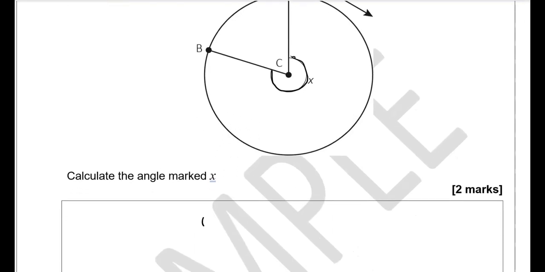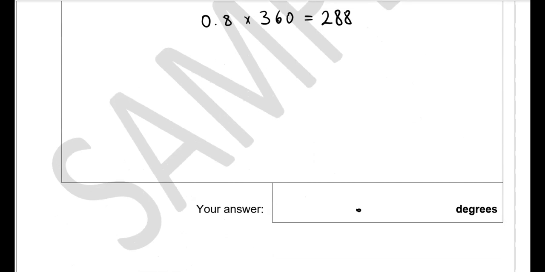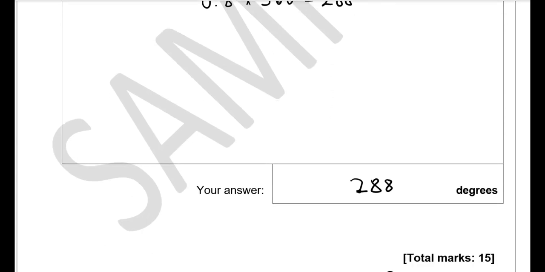So we'll just do 0.8 times 360, and that's going to give us the angle. So 288 degrees. And this is the end of the paper.